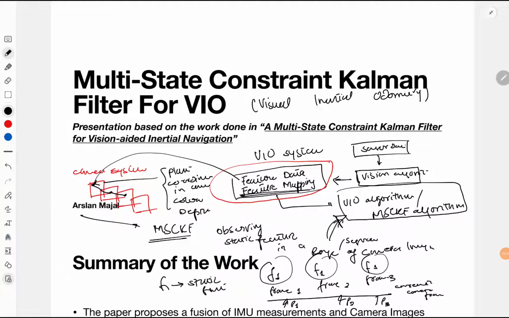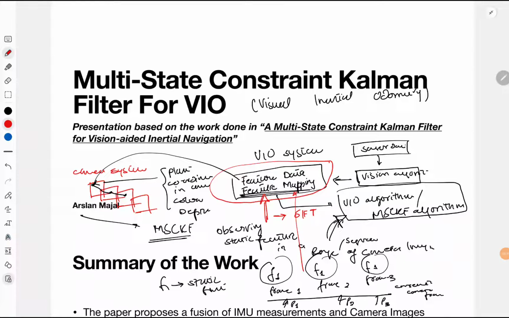To detect this feature and to see where it is in subsequent frames, you would need an algorithm that performs this feature data extraction and feature mapping. An example of such an algorithm would be the SIFT algorithm. There are other algorithms. I can't remember the name of a few of them, but this is an entire area of work in and of itself.